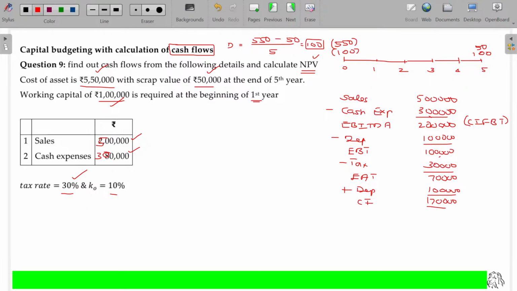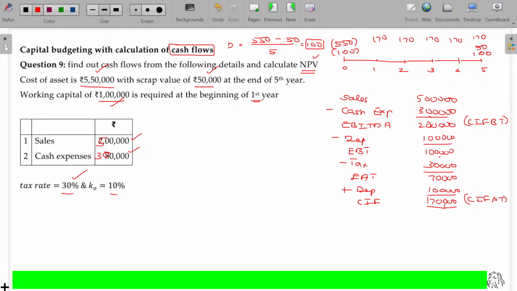Cash inflow after tax, or simply cash inflow. If I say cash inflow, it represents only cash inflow after tax. Is that clear? So every year end you are getting 170, 170, 170, 170 and 170.